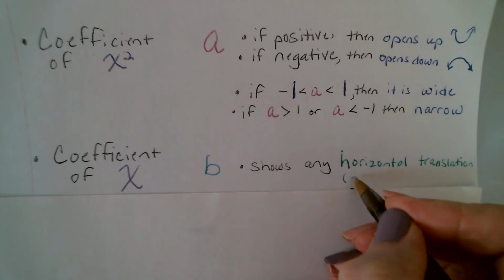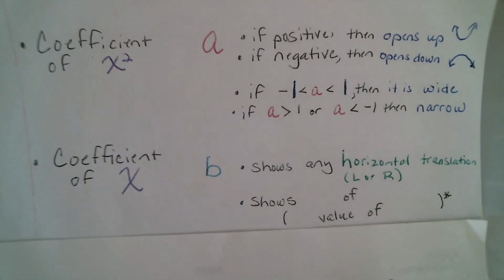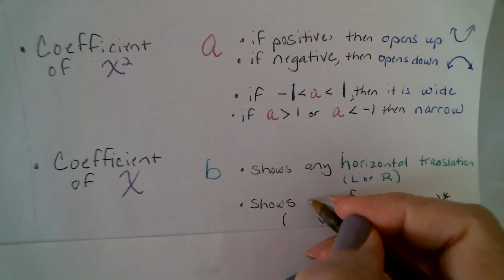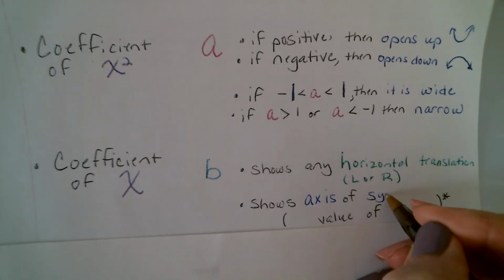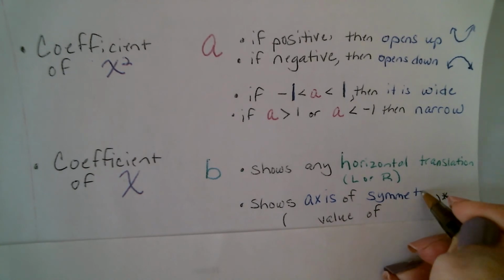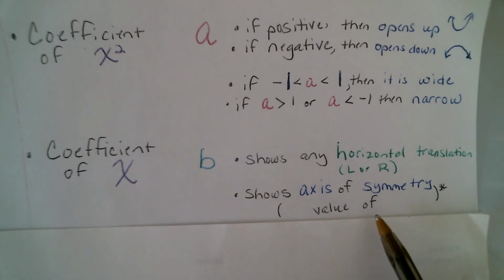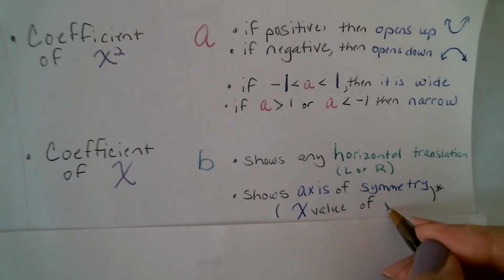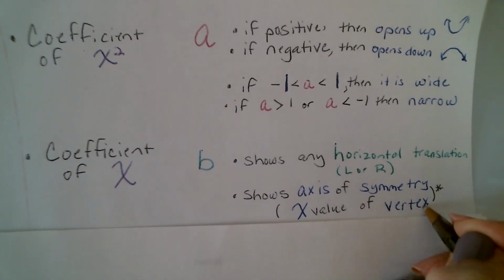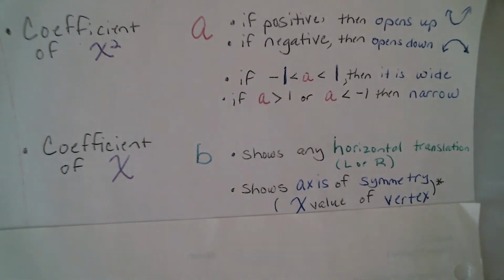It also is going to show us the axis of symmetry. Now it's not going to show it, but it'll give us the information we need to find it. Okay, now the axis of symmetry is just the x value of the vertex. So in this case, with our parent graph, there was no b value, so the axis of symmetry was just the y axis, right?